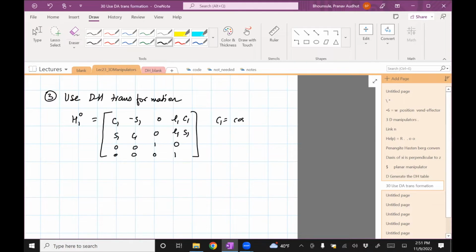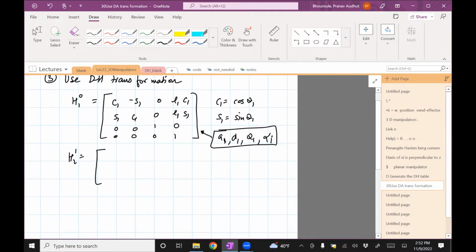The C1 is cosine theta 1. Where did it come from? It came from that H. I only needed the parameters A1, D1, theta 1, and alpha 1. Once I have these values, I can compute this. And similarly, C2, minus S2, S2, C2, 0, 0.